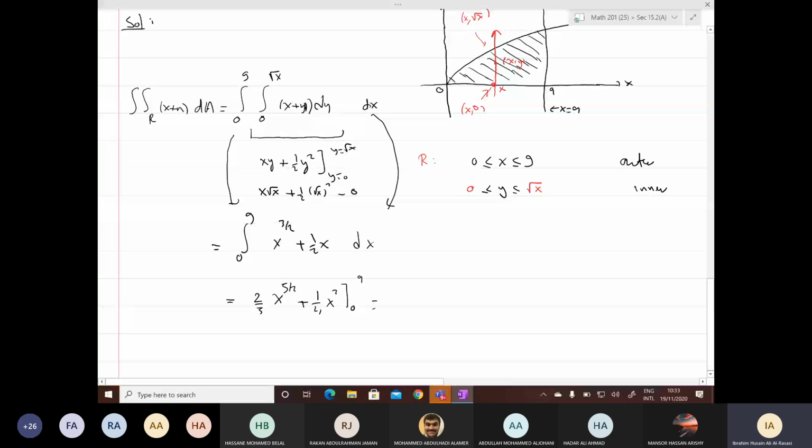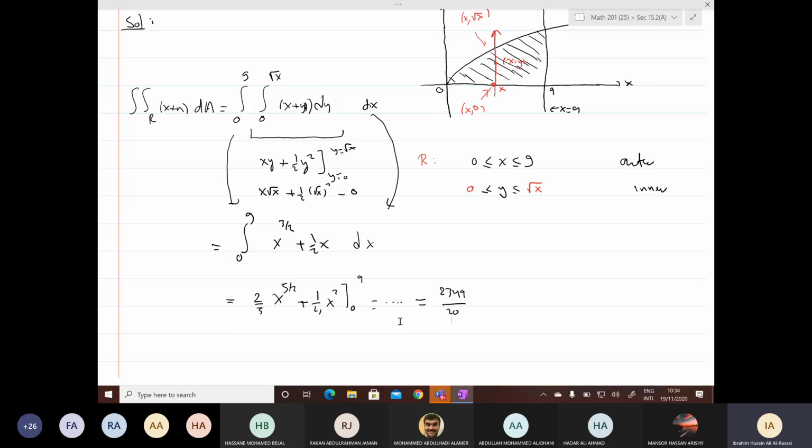The calculation is given in the note, so the final answer will be 234239 over 20. So check the calculation in the note. So this is the solution. Notice I solved it without really worrying whether it is type 1 or type 2.